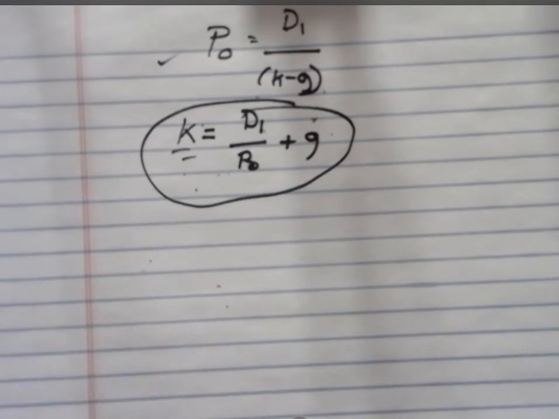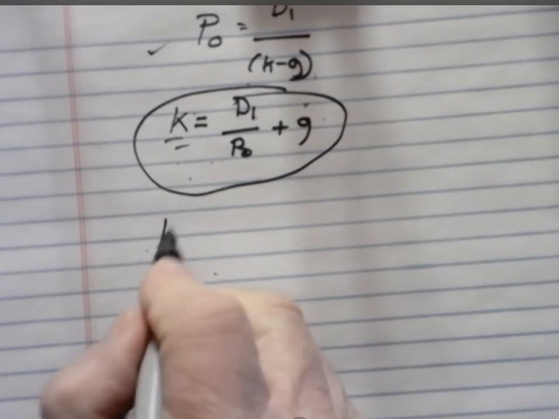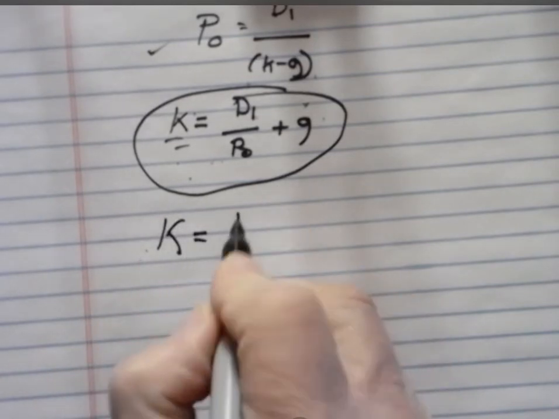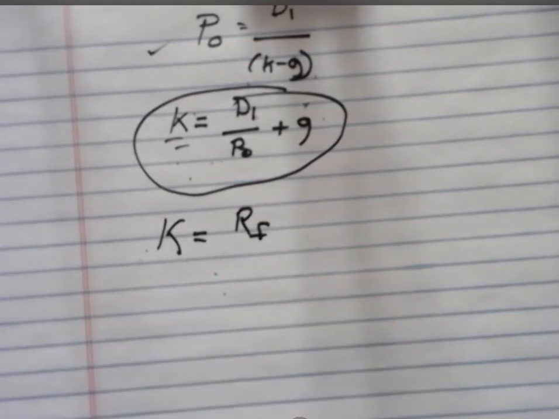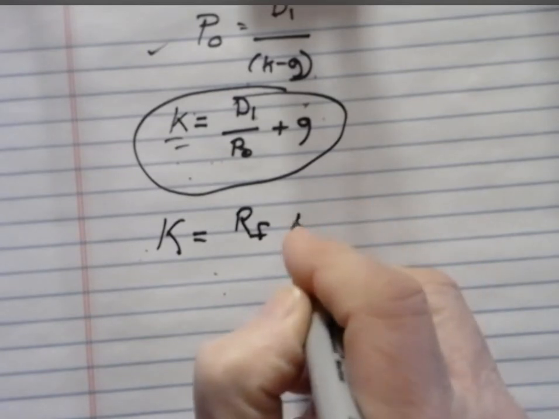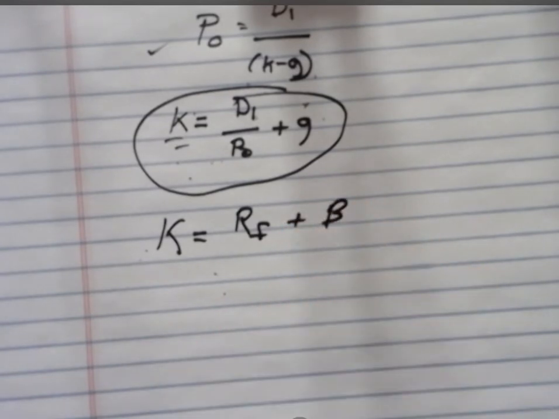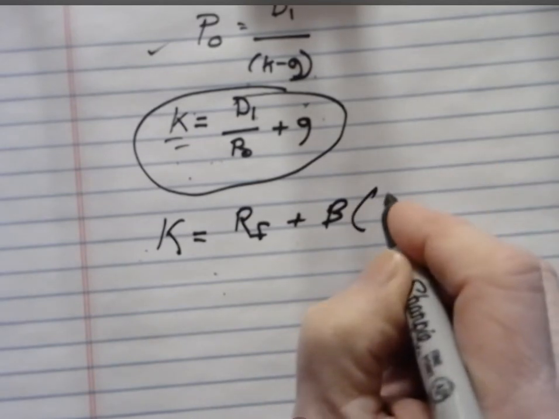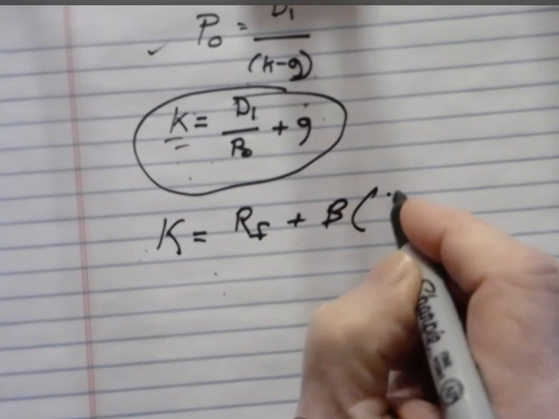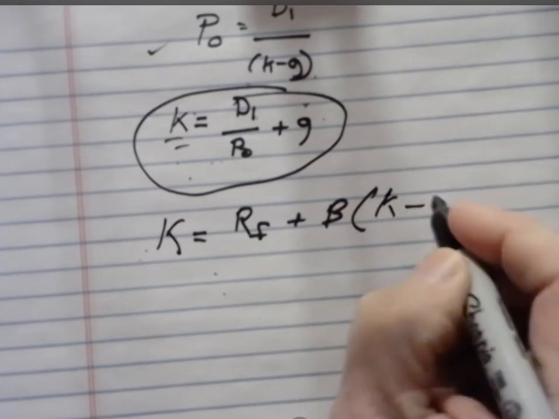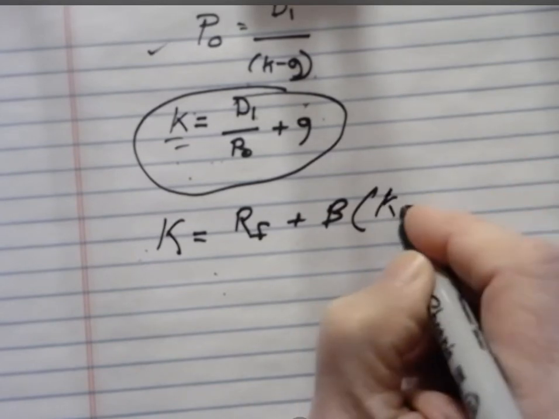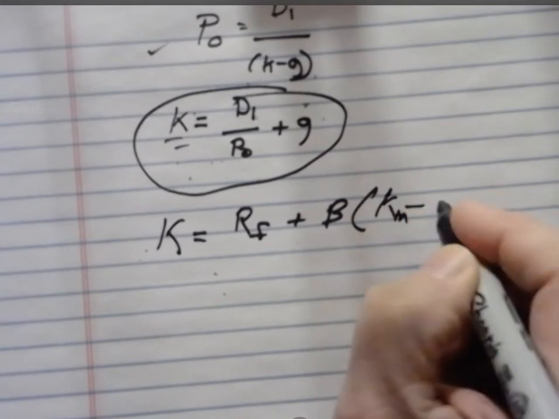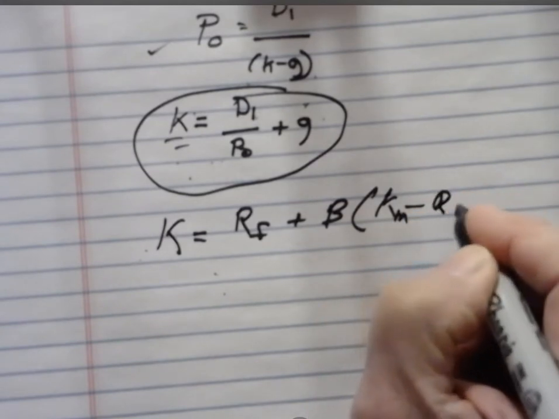Now, when we move on into the risk-adjusted rate of return, we can once again state the required rate of return, K, as equal to the risk-free rate plus the beta for the stock times the market return minus the risk-free rate of return.